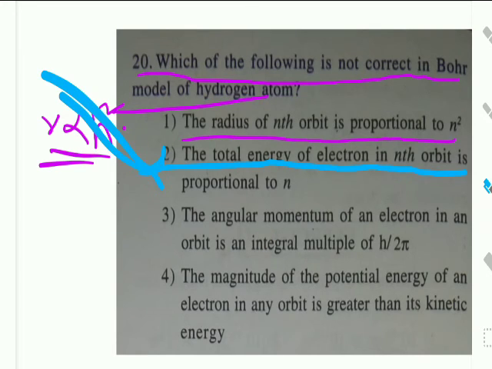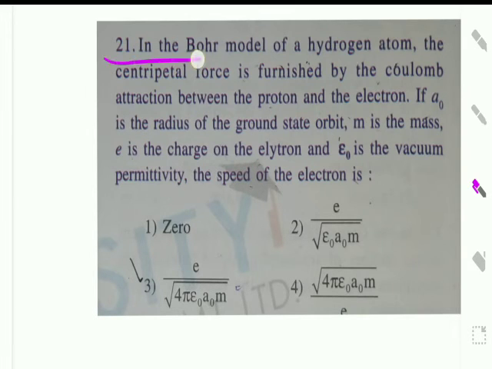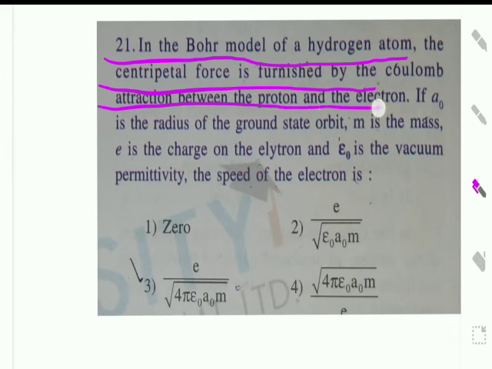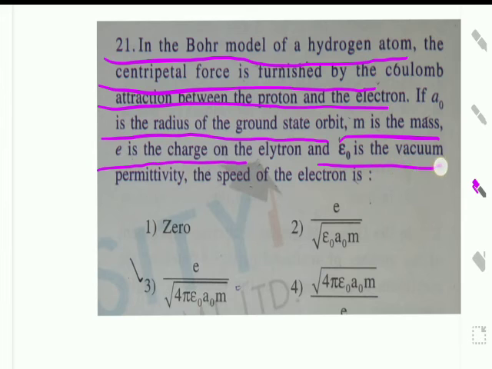Which of the following is not correct? Option 2 is not correct. In Bohr's model of hydrogen atom, the centripetal force is provided by the Coulomb attraction between the proton and the electron. If a0 is the radius of the ground state orbit, m is the mass, e is the charge on the electron and epsilon naught is the vacuum permittivity, what is the speed of the electron?